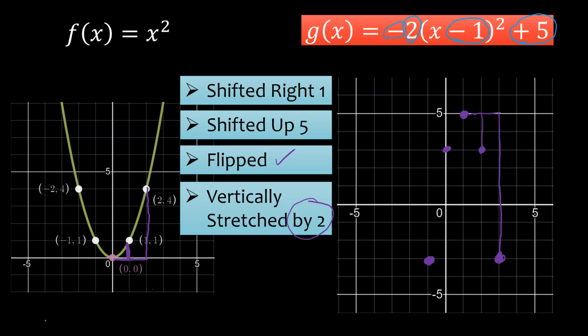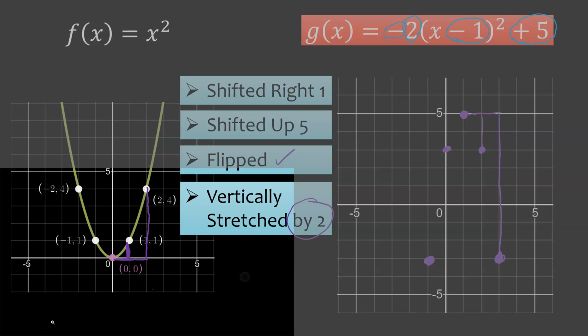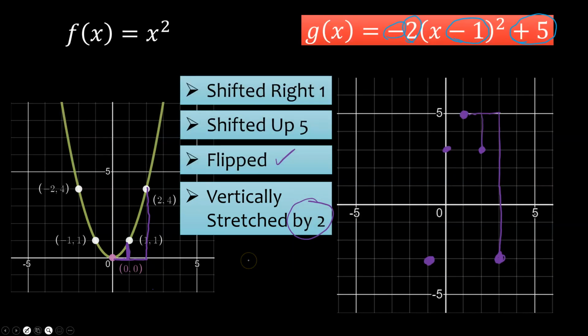Now we have the graph that looks like this. And we can see that the parabola got flipped over, vertically stretched by 2, and then moved right 1, up 5, so the new vertex is at (1, 5).